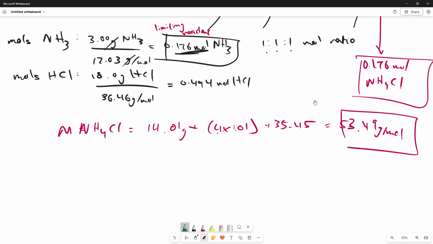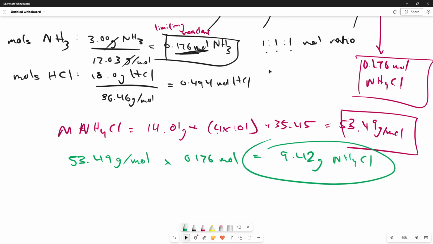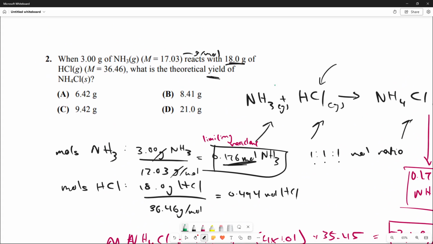So 53.49 grams per mole, that's how many grams we have per 1 mole, multiplied by 0.176 moles. And in total, that's going to give us 9.42 grams of NH4Cl. That's the final answer.